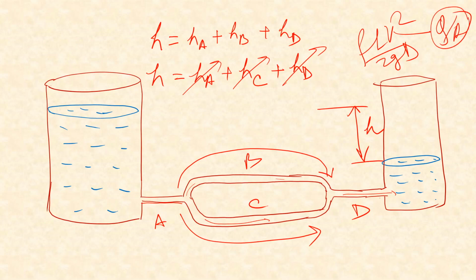So using that we can solve these equations and find out what is the discharge through this pipe, through this pipe, through this pipe and through this pipe.